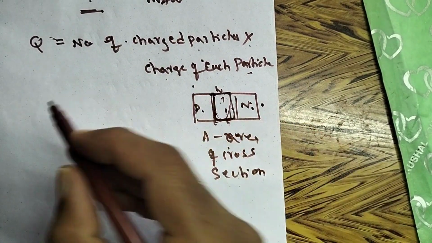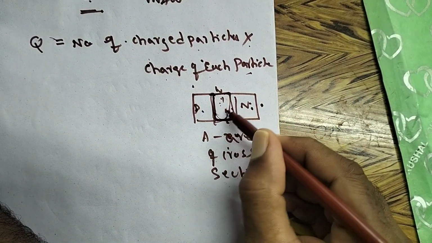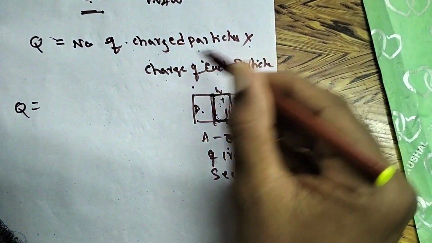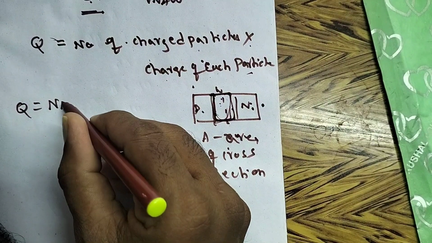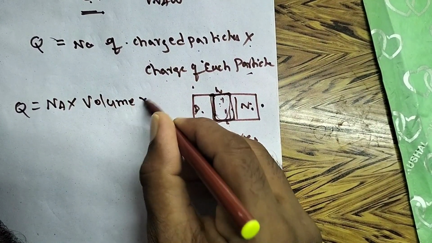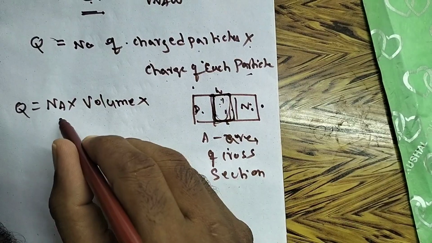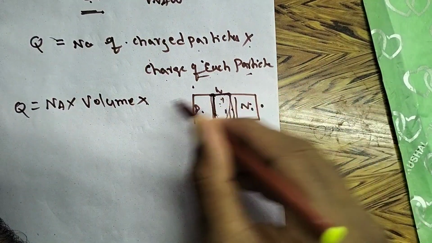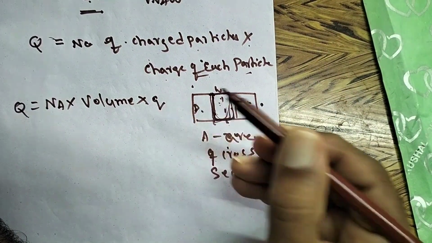Minority charge carriers. So particles of charge carriers, that is Q equal to number of charged particles, that is Na into volume. So number of charged particles is nothing but Na into volume, into charge of each particle, that is Q.